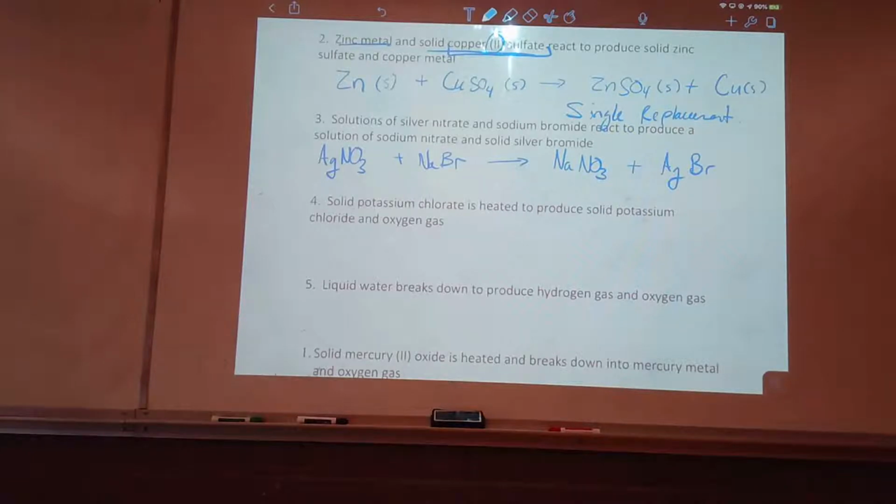The next one has chlorate, so watch out, it's on your chart as ClO3, and it's potassium chlorate. This is a very exciting reaction. Potassium chlorate is an incredibly reactive compound. It is considered a strong oxidizer, which is a chemical that can break down other chemicals very easily.